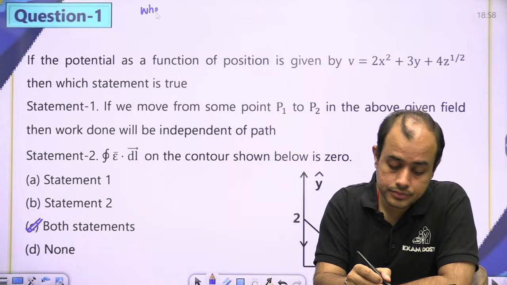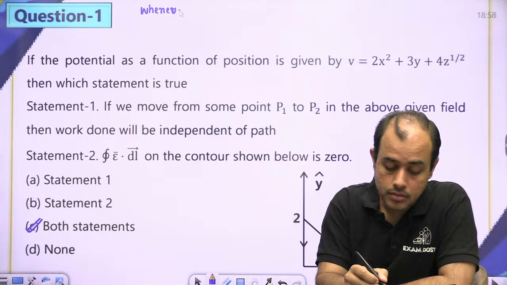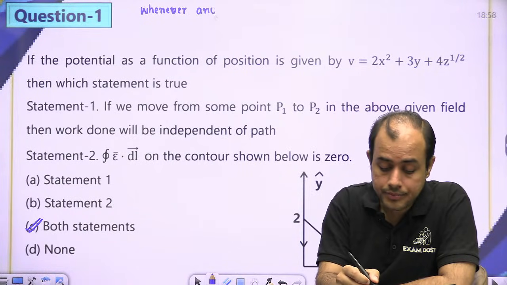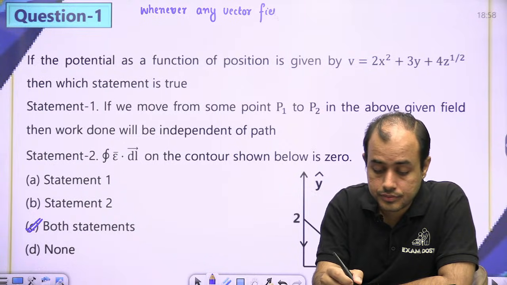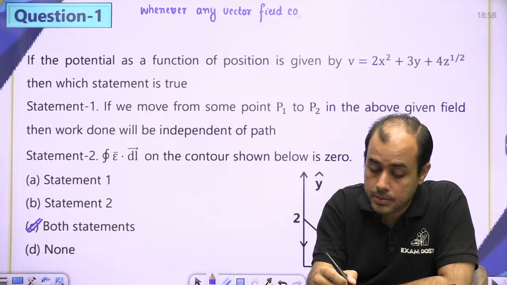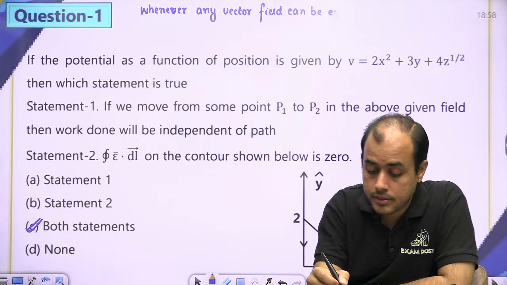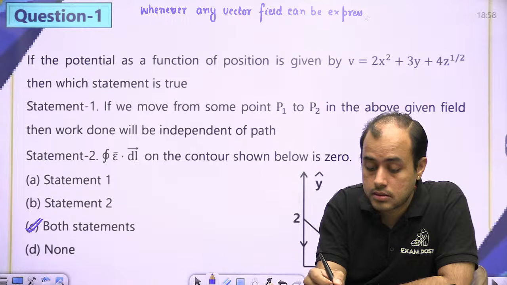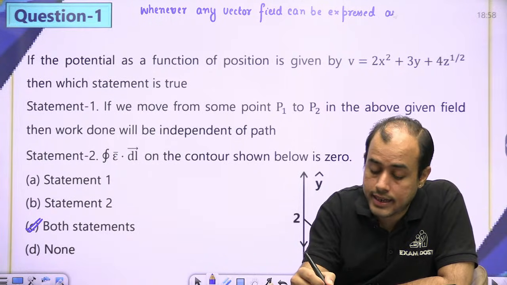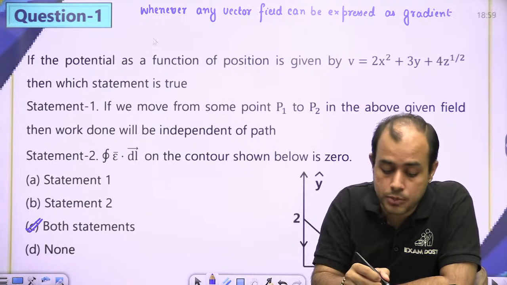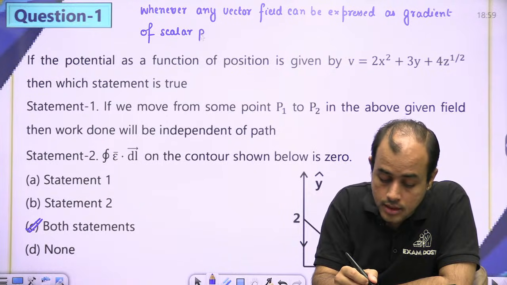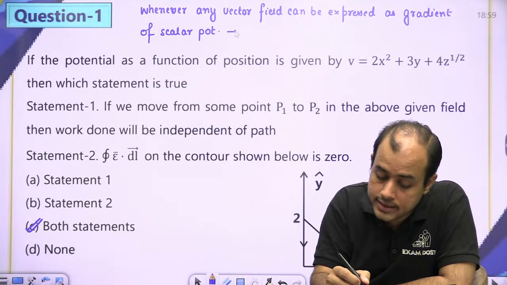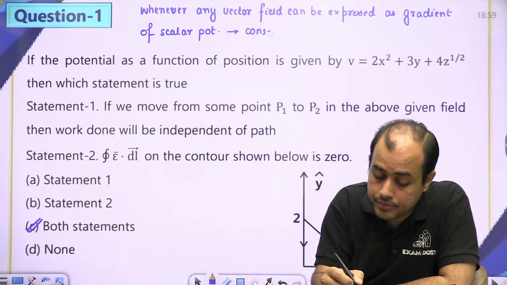Whenever any vector field can be expressed as gradient of scalar potential, ये मैंने लाइन इंटीग्रल में बताया था, it is said to be conservative.